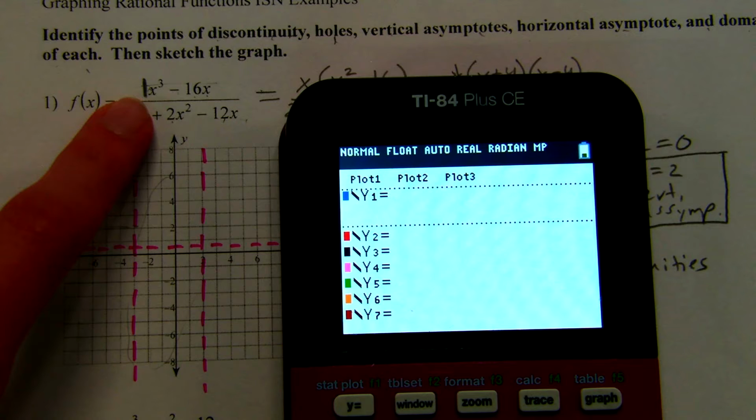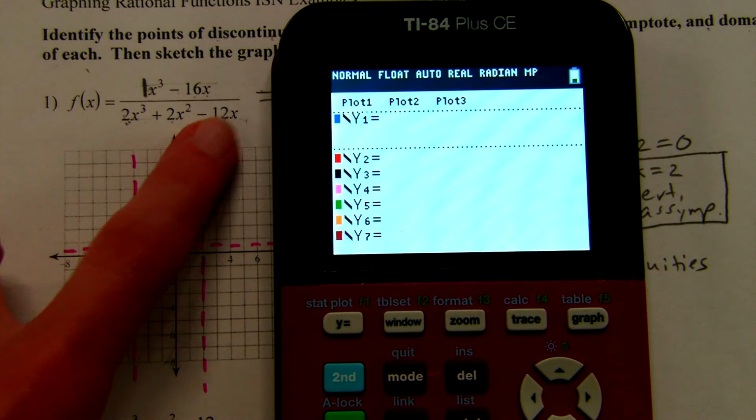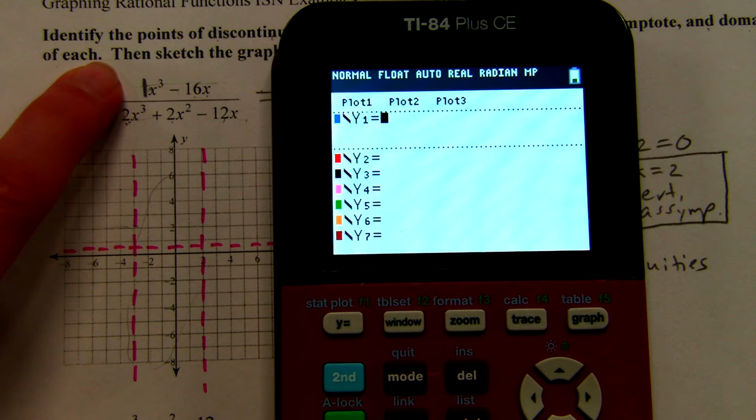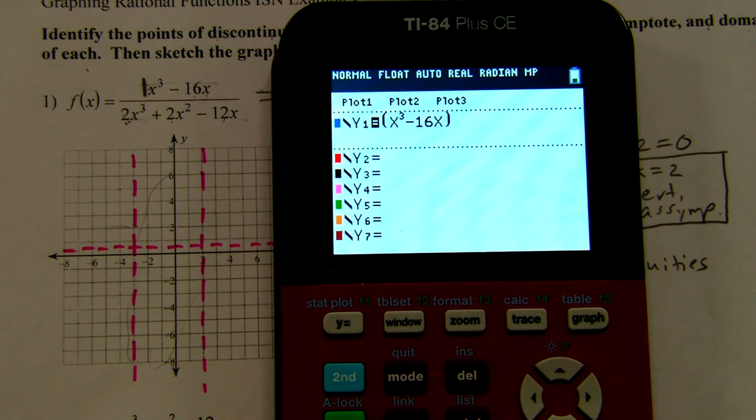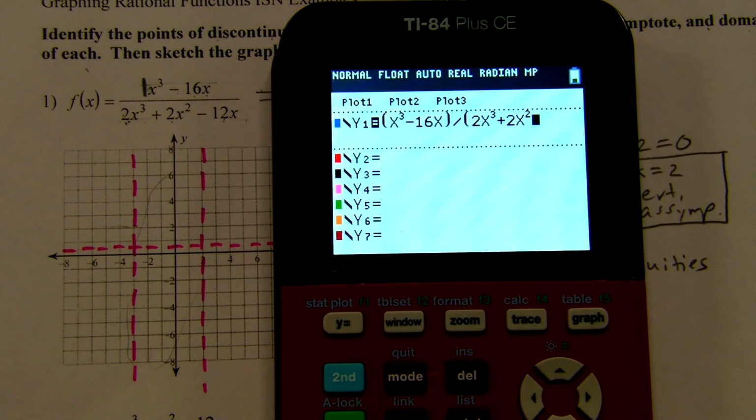When you type in these fractions, you do have to put the numerator in parentheses and the denominator in parentheses. So I'm going to go back to the original fraction. I'm going to do a parentheses, x to the third, right arrow, minus 16x, close the parentheses to show that was the top, divided by parentheses 2x to the third plus 2x squared minus 12x.